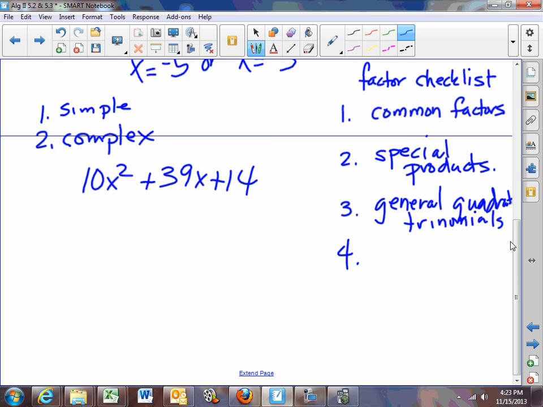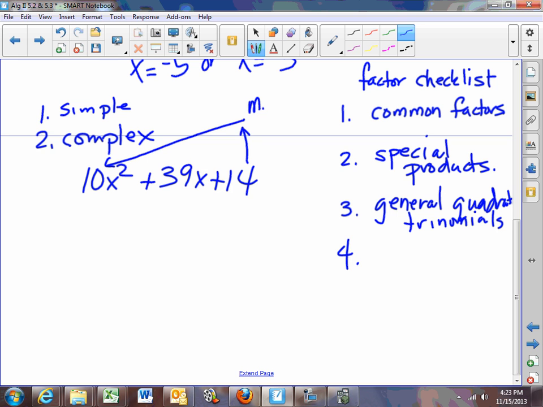Now, the Dorset method basically says if you have no common factors, no special products, then the next thing you're going to do is you're going to multiply the leading coefficient, that's the 10, by the constant to get what we're going to refer to as the master product.